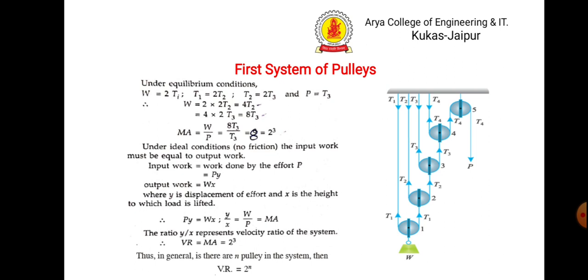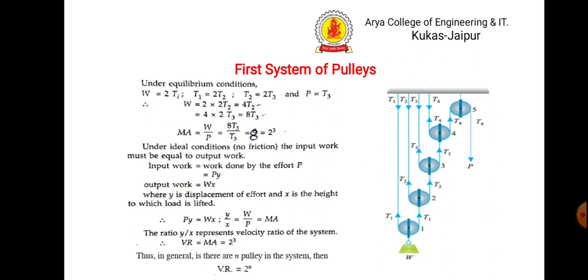So mechanical advantage will be W by P, which is equal to 8. I can say that instead of 8, it is 2 to the power 3, that is 2 cube. So this is the mechanical advantage. Again, mechanical advantage must be equal to the velocity ratio for the smooth pulley. So here MA and VR are the same, equal to 2 to the power 3.